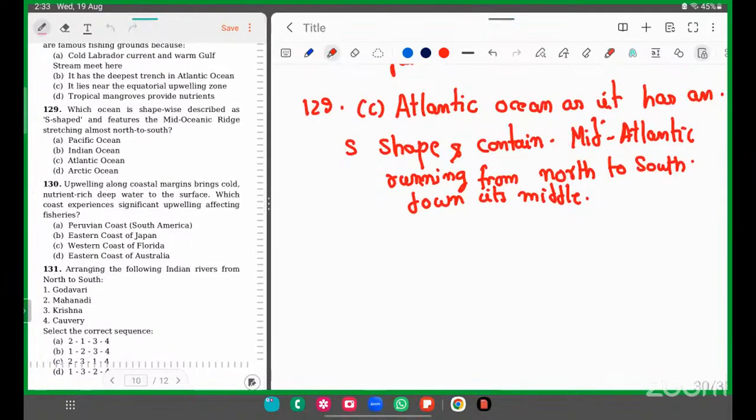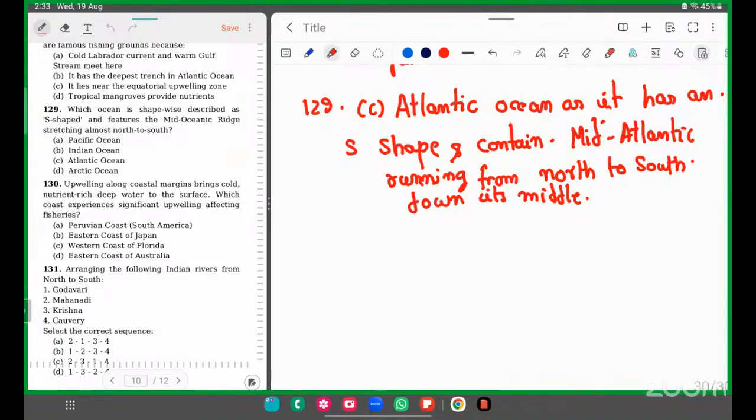130, the upwelling along coast margins brings cold, nutrient-rich deep water to the surface. So the answer for this is: the western coast, first given Peruvian coast, which is in South America, which is not there.